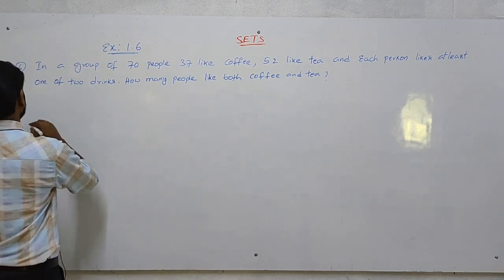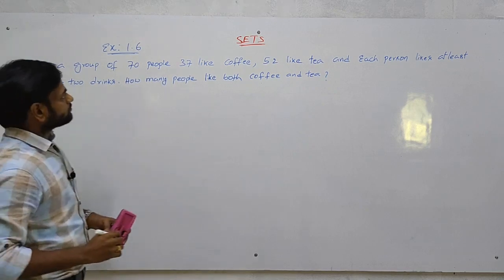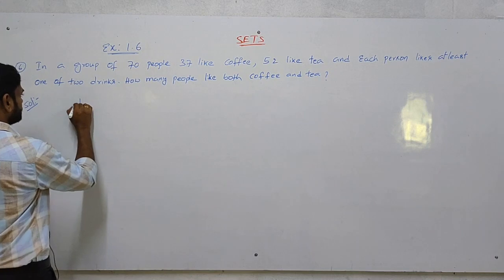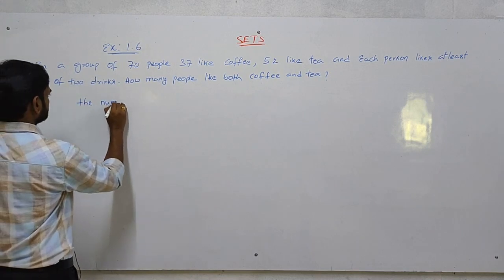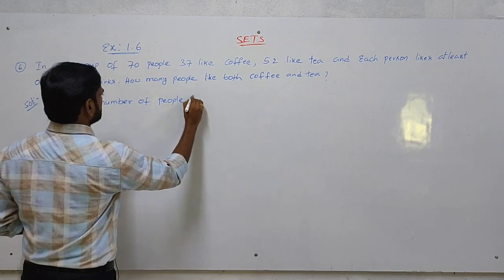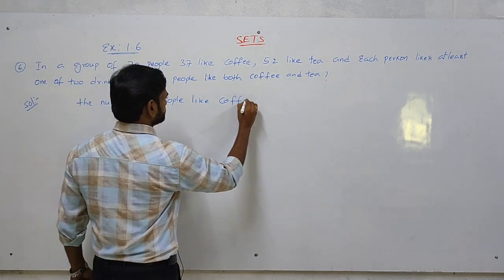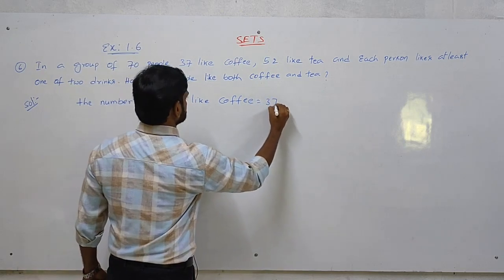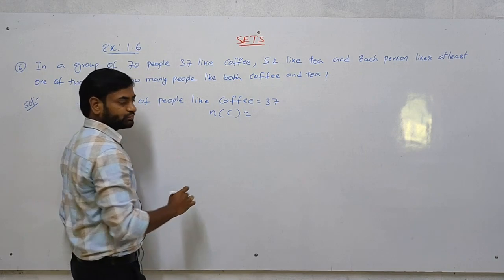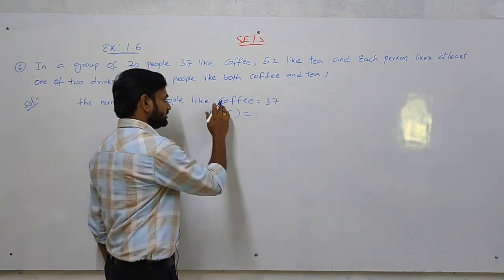So I am writing first what is given. The number of people who like coffee is equal to 37. That is n of C. I am saying coffee is C. You can take any set, no issues, but I am taking C here.